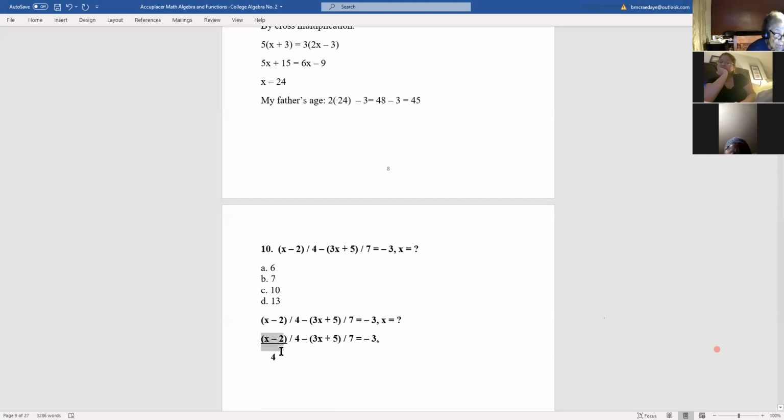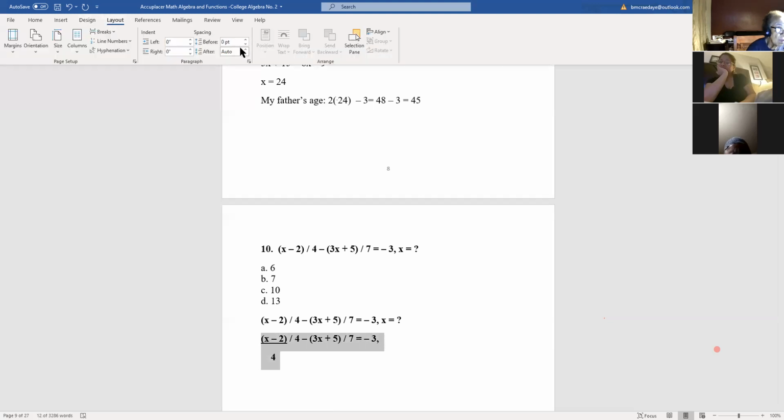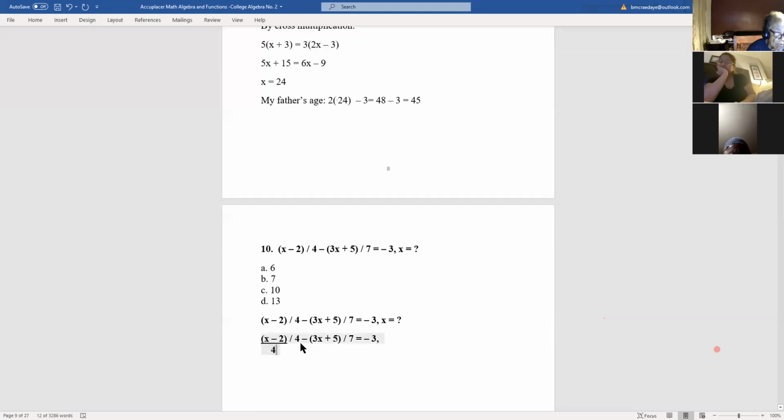Let's see if I can put this in layout. Sometimes the slash doesn't lend itself to your problem so much. So that's x minus 2 over 4. And take out the slash.